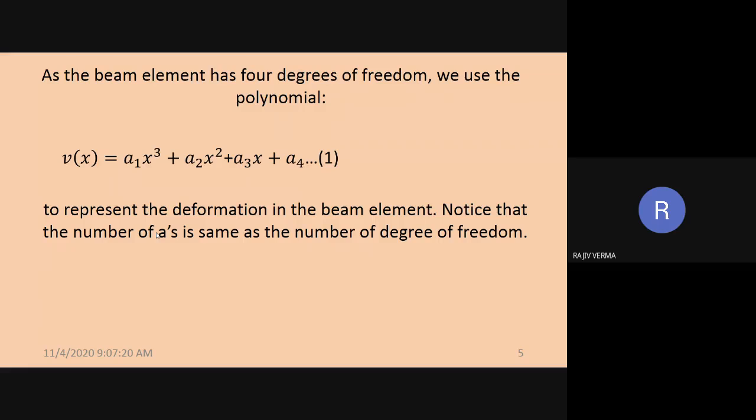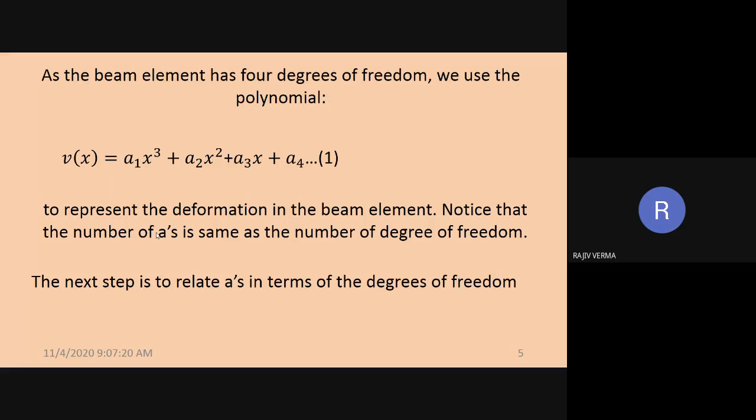Notice that the number of A's, that is the number of unknowns, happens to be the same as the number of degrees of freedom. In the next step, we are going to relate the A's in terms of the degrees of freedom.